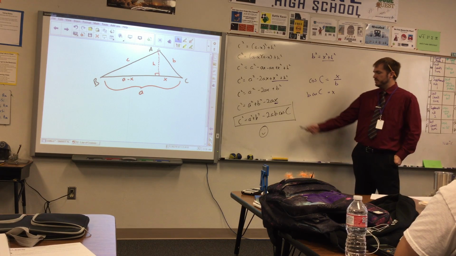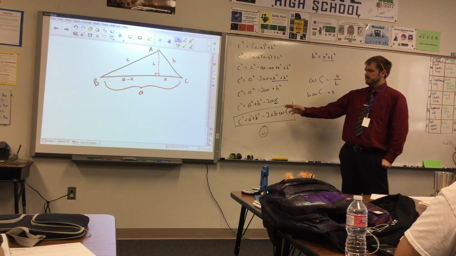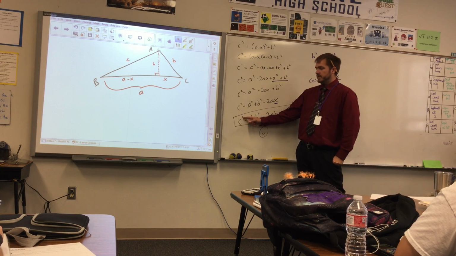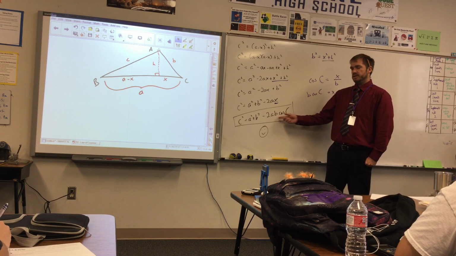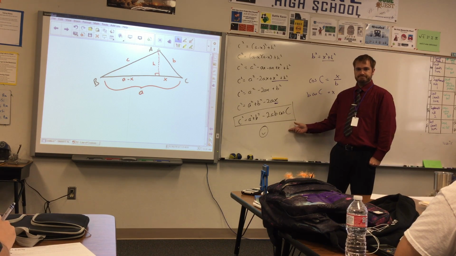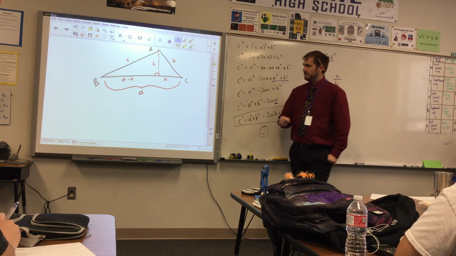That formula right there. Love that. The square of a side is equal to the sum of the squares of the other two sides minus 2 times their product and the cosine of the included angle. Should I say that again for you? No. You're going to say it here in a minute.